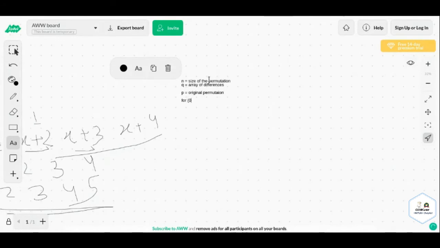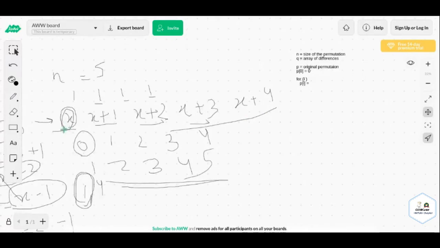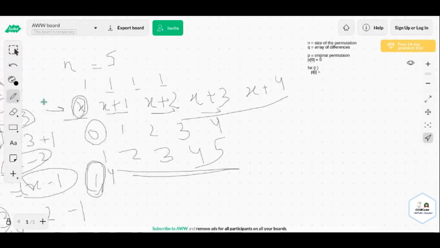We will loop from some initial position to the final position. We know p of 0 is equal to 0. Why so? Because we are taking the first element as always x, so it is always 0, right?